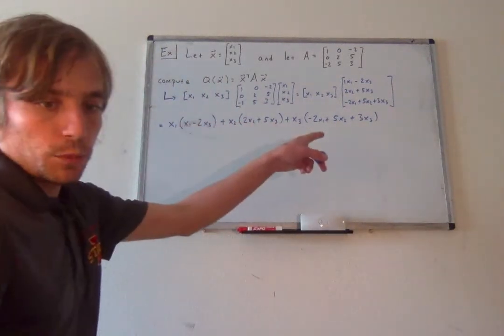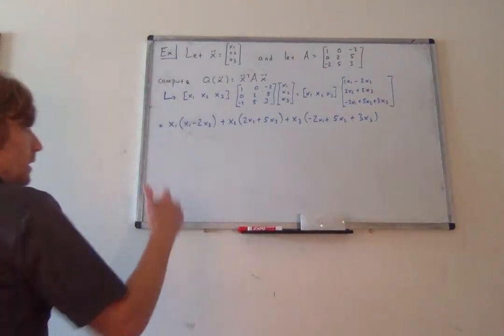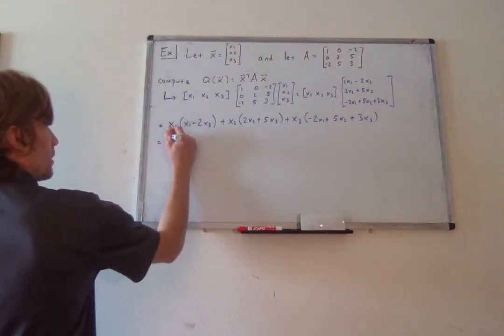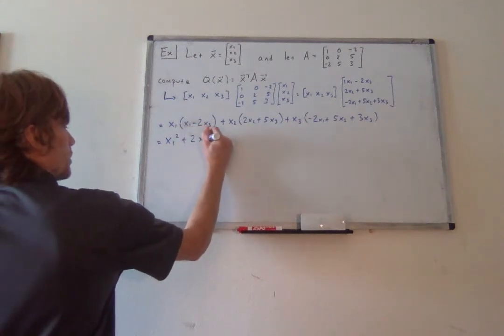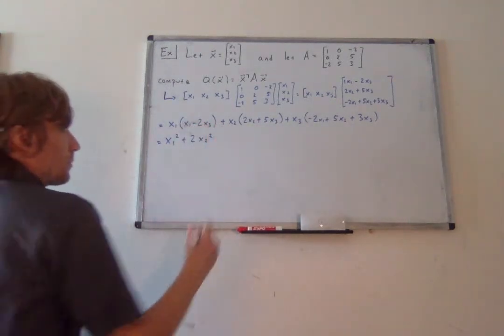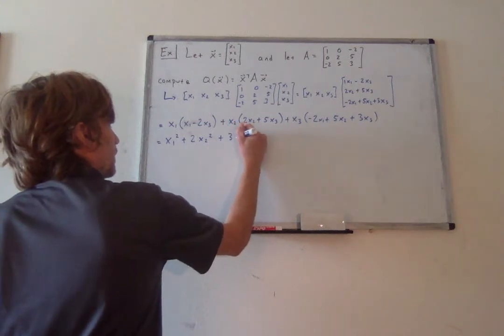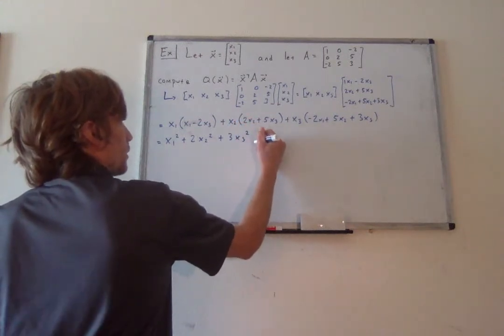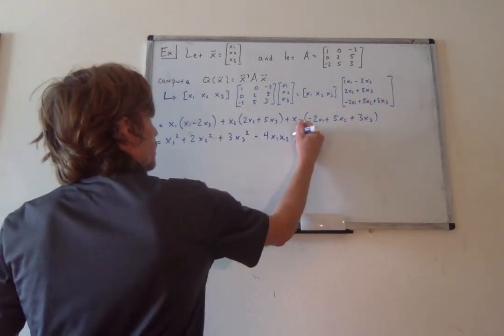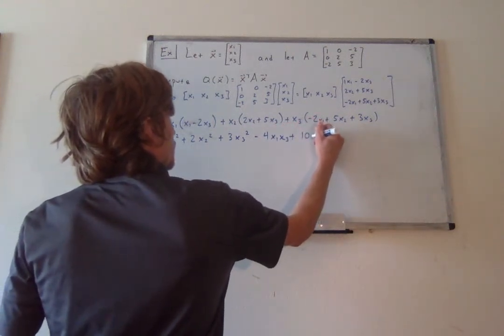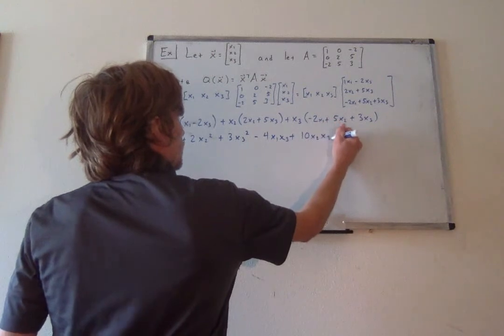Expanding all of this and combining like terms, you should get x1 squared plus 2x2 squared plus 3x3 squared minus 4x1 x3 plus 10x2 x3.